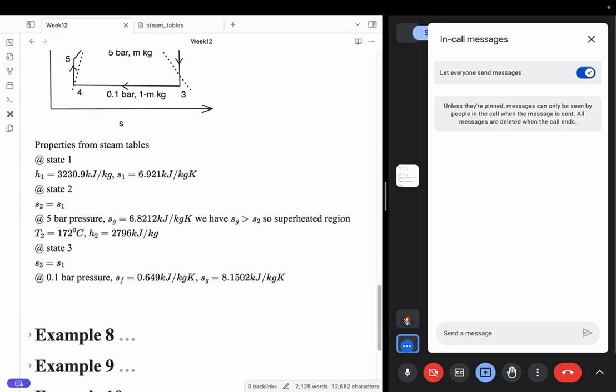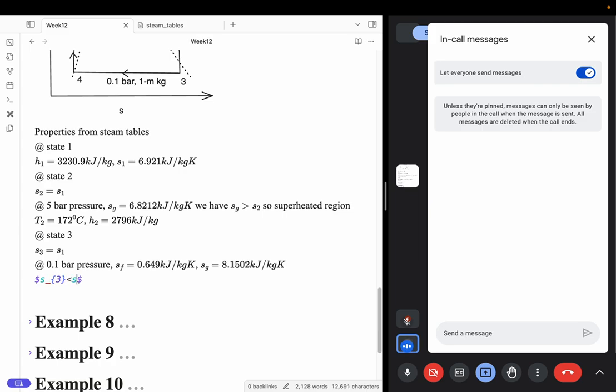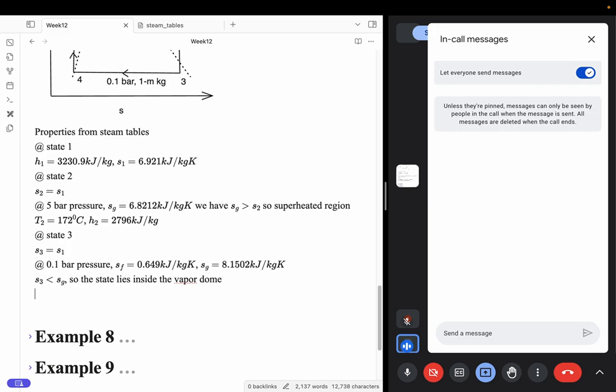So you have SF and SG, and if you see here, S3 is less than SG. So the state lies inside the dome.